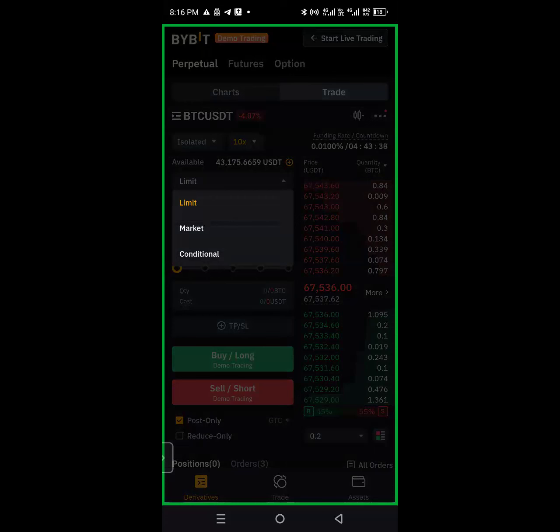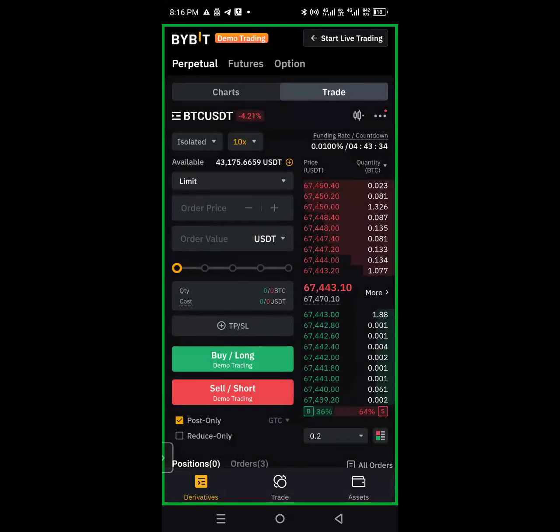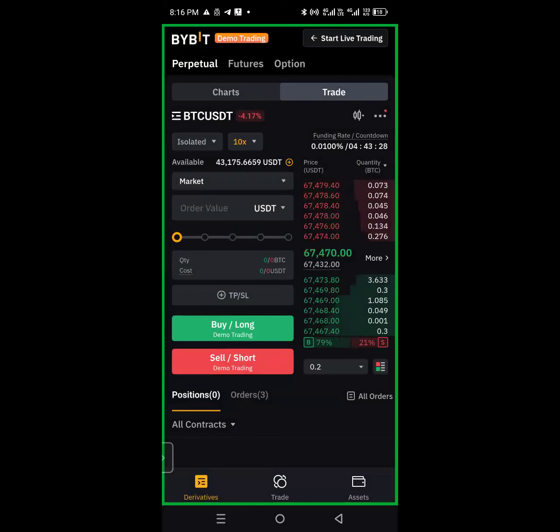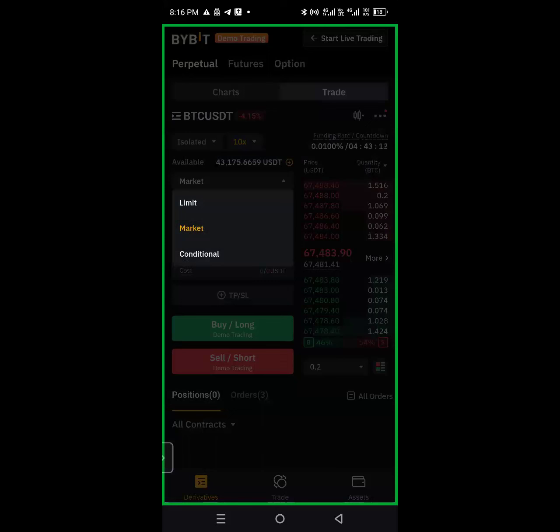If you feel that the current price in the market is very close to your entry, you can enter immediately with market. Like using MetaTrader, if it's a pending order, we use buy limit or sell limit. But if the trade is active and it is within our entry zone, we use market execution. The same thing here, but it is always best to use limit here.